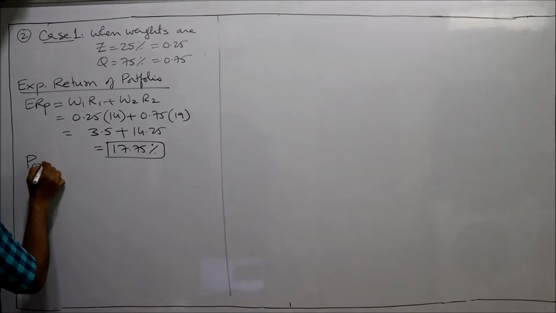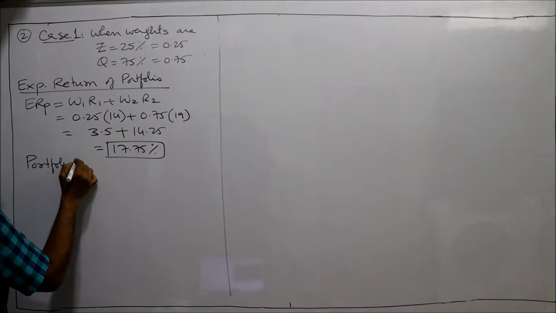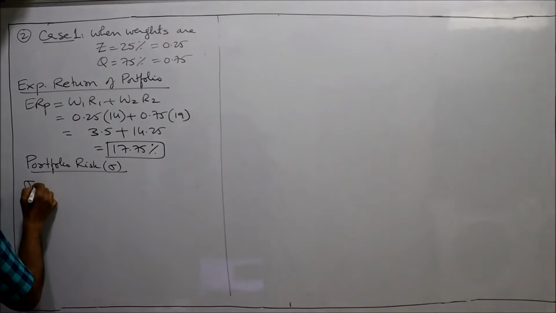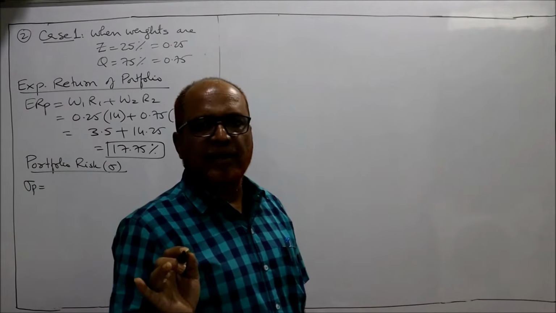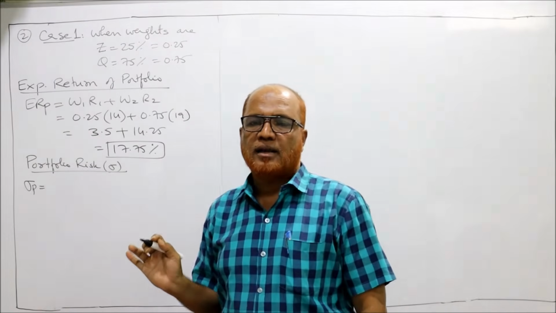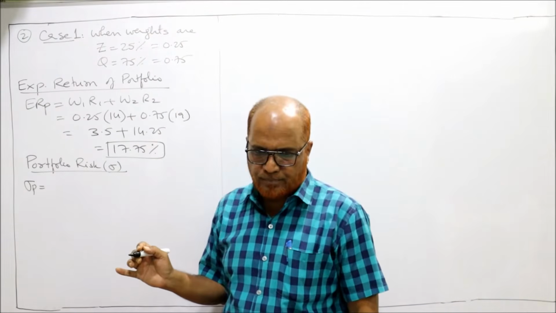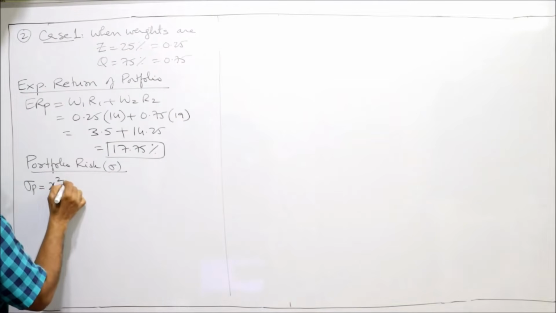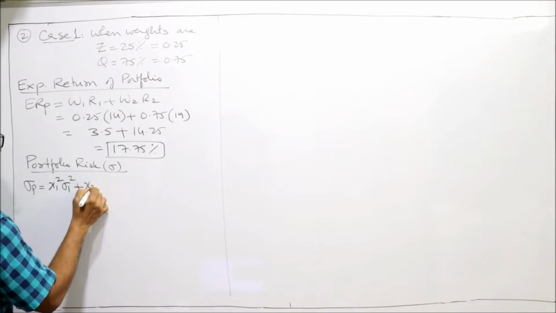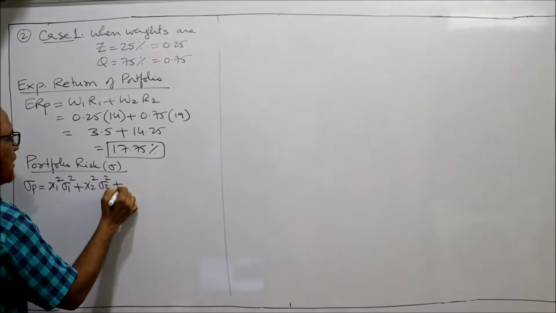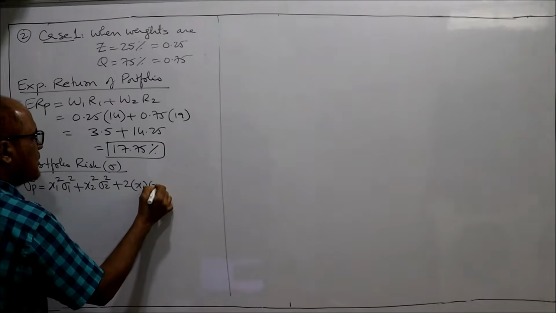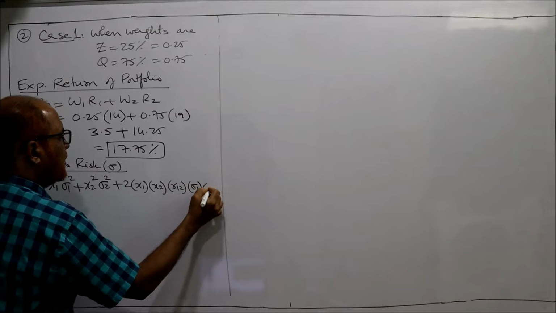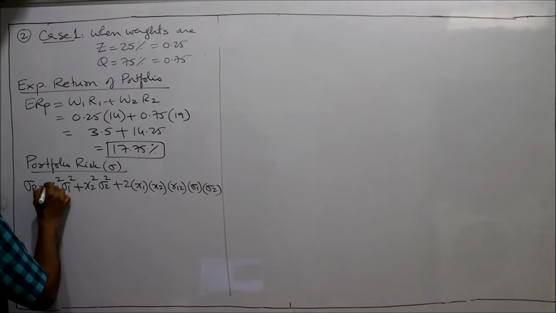Now, portfolio risk. It is called sigma P. Now see here, this is the first time we are applying the formula for portfolio risk. Risk is calculated in terms of standard deviation. So portfolio risk, standard deviation, is equal to x1 square sigma 1 square plus x2 square sigma 2 square plus 2 into x1 into x2 into r12 into sigma 1 into sigma 2, under root.